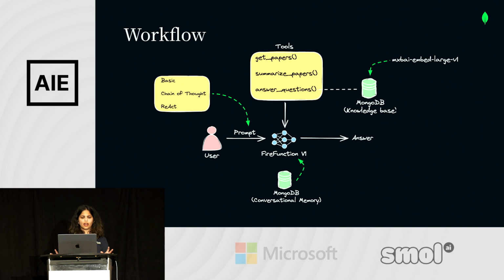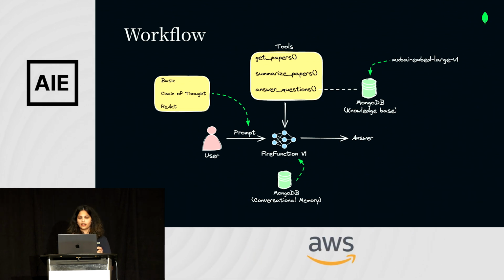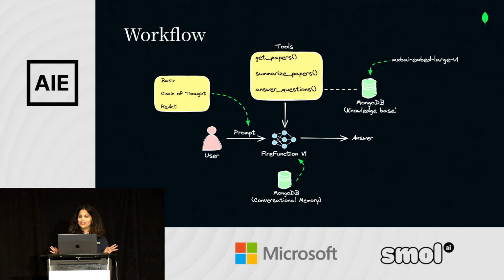This is kind of how the workflow of our agent is going to look. We will use a free and open source model from Fireworks called FireFunction V1. They just released a V2, but I had prepared my workshop until then. So today we'll use V1 as the brain of our agent. We'll also try out some of the reasoning design patterns that we were just talking about, like chain of thought and ReAct.